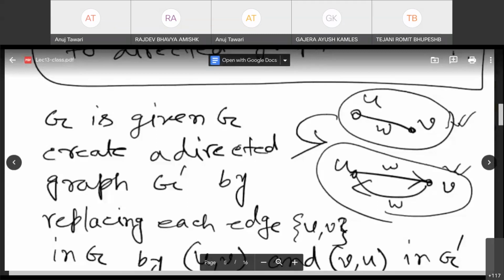Let's fix some path in the undirected graph, going from U to U1, U1 to U2, and so on up to UK. Then you can just follow the directed version of this path in the directed graph. And the converse: let's say you had some path of certain weight in the directed graph, then you can also get an equivalent path in the undirected graph.